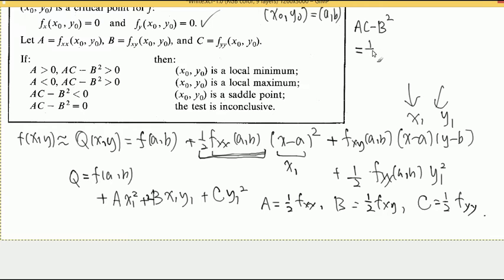So it's 1/4 of f_xx f_yy, if you multiply A and C. And what is B squared? 1/4 of f_xy squared. So whether this remains positive or negative depends on this value, because they have the common factor 1/4. Squared, I forgot the square there.